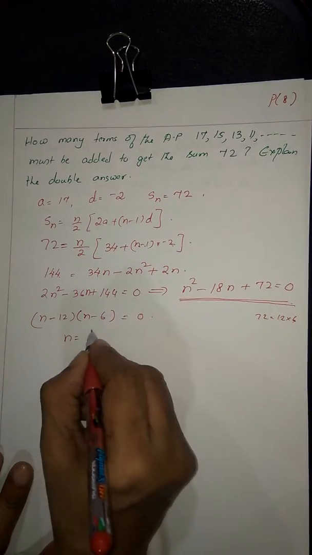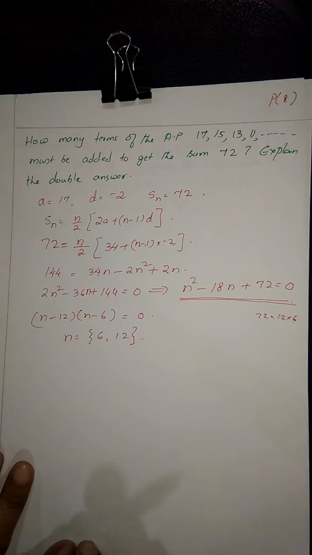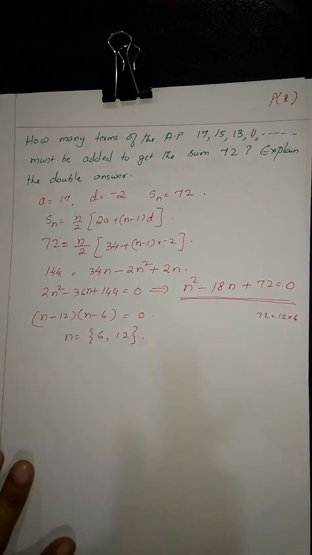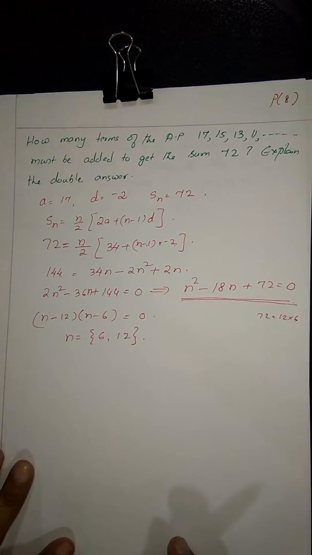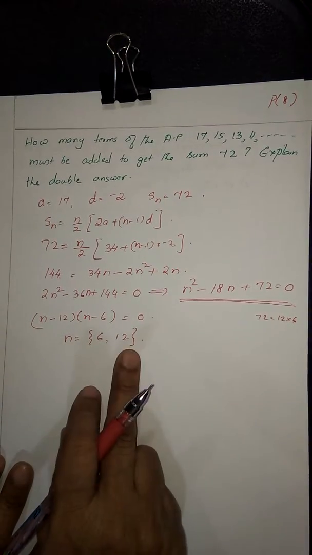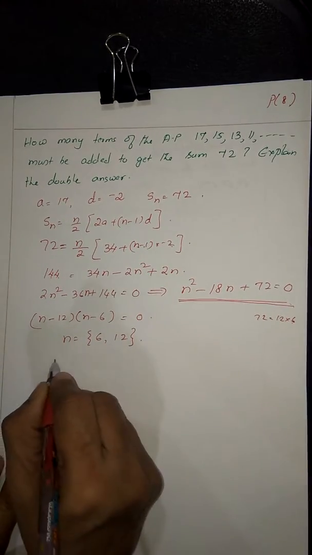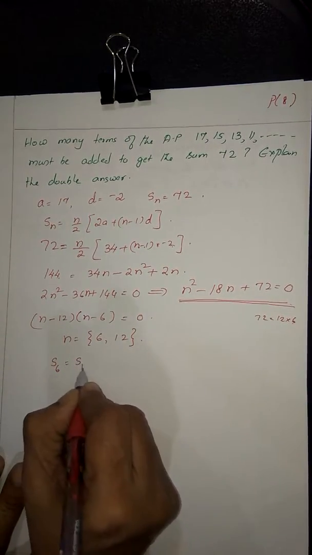So you get n is equal to 6 and 12. In the previous question, we got n as 18 and 19, so they were consecutive terms, but here it is 6 and 12. This means S6 is equal to S12.